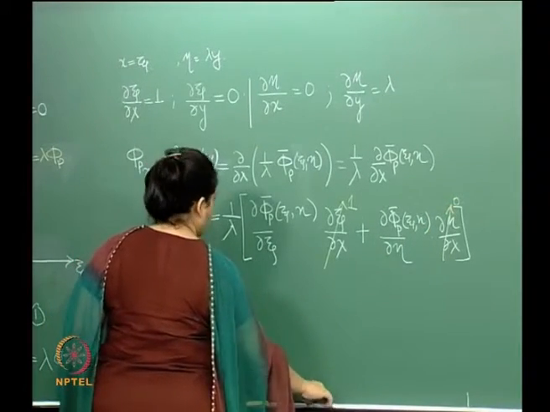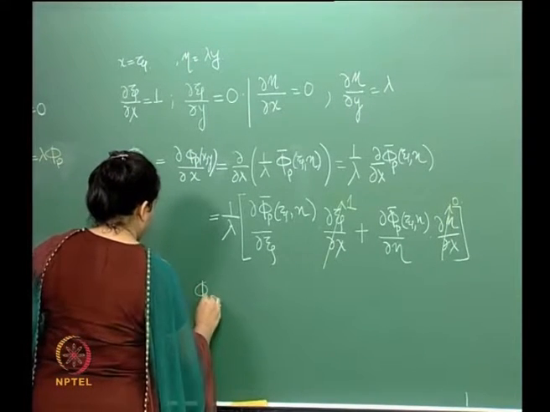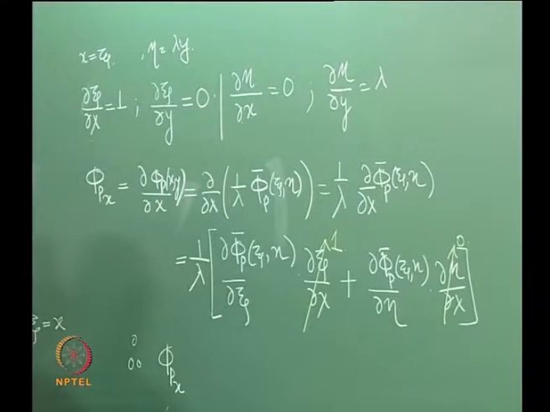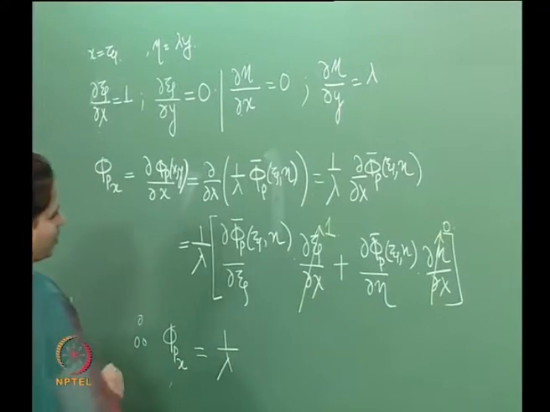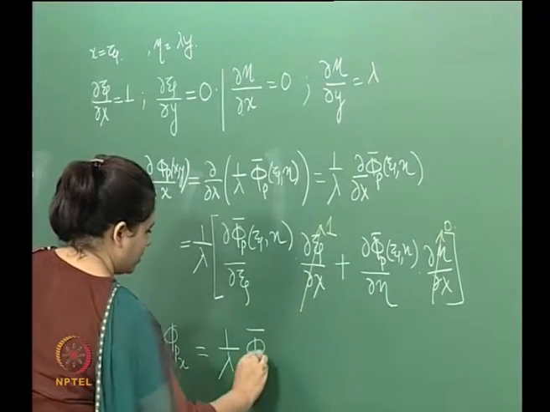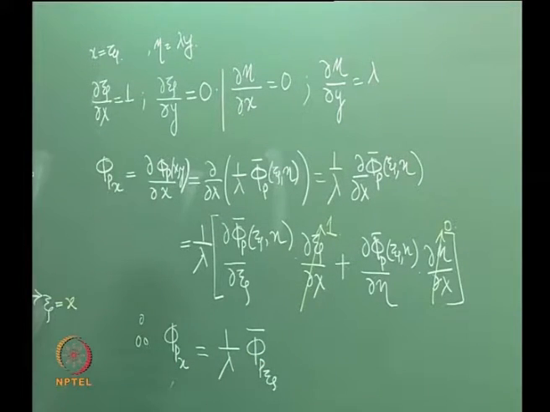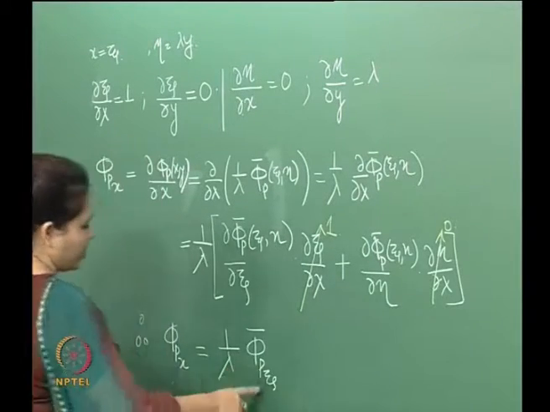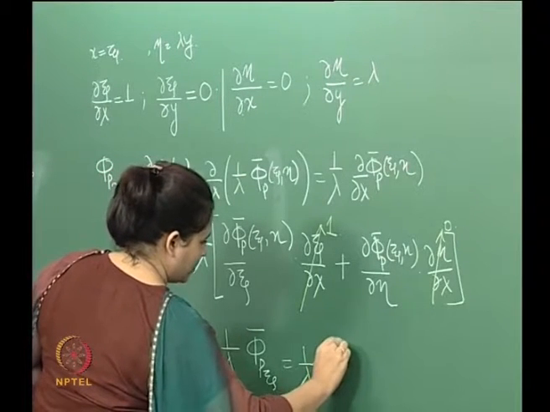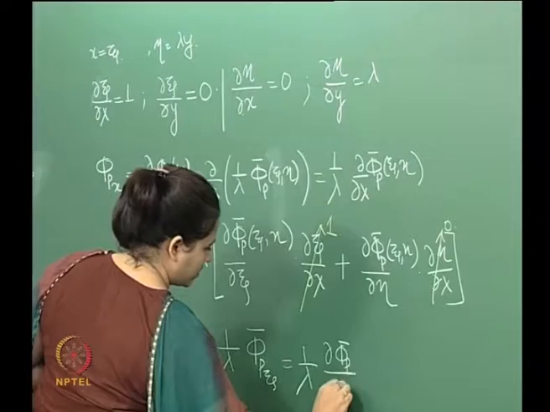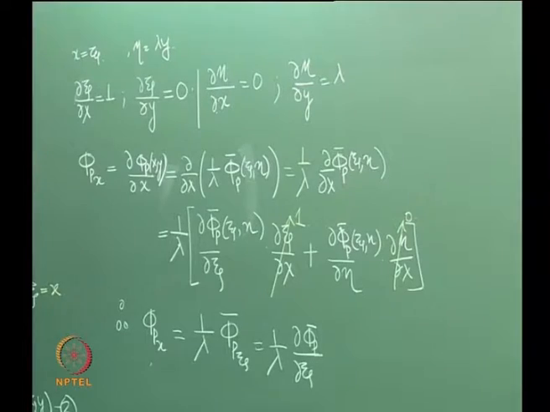So, what we essentially get over here, therefore, you can say phi p x, okay, is equal to 1 by lambda, right. So, you can write it like this, phi p bar zeta, or this is nothing but del zeta, isn't it?